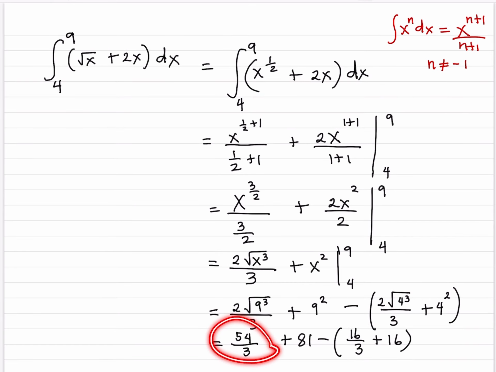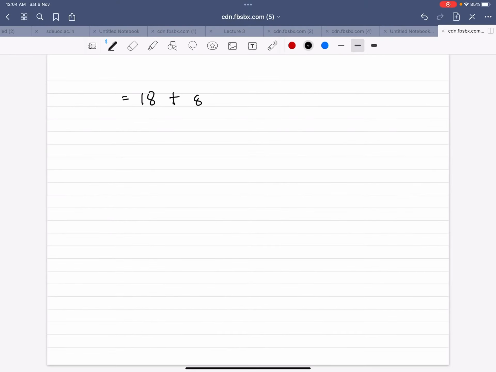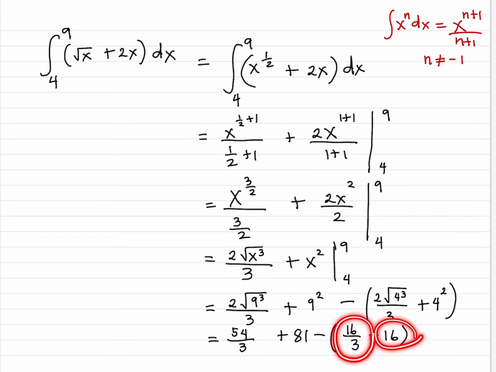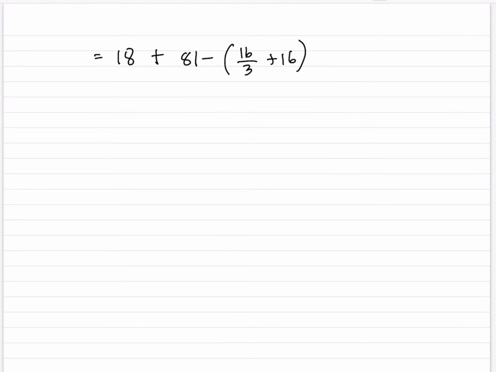54 over 3 is equal to 18 plus 81. So 18 plus 81 minus 16 over 3 plus 16. Now getting rid of the grouping sign, we now have 18 plus 81 minus 16 over 3 minus 16.